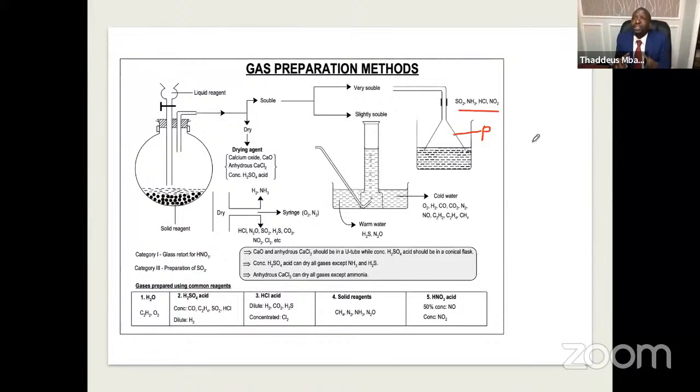And don't always think only about preparation. Somebody will prepare a setup for the preparation of sulfur oxide. Then you are told that a student from Alliance High School prepared sulfur oxide as shown. They are going to put sulfuric acid here and copper here.